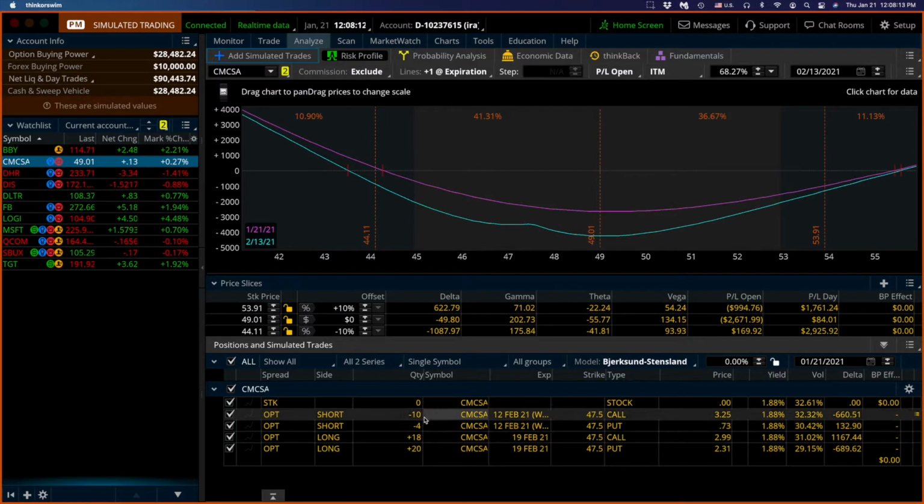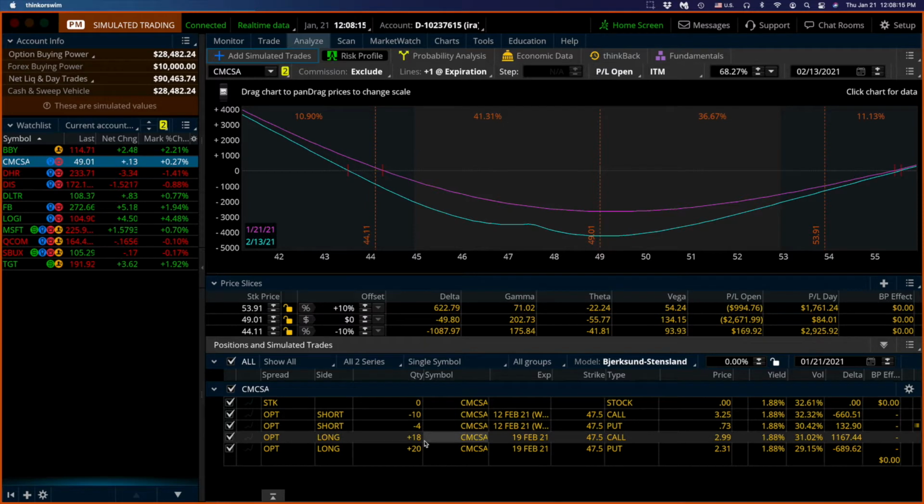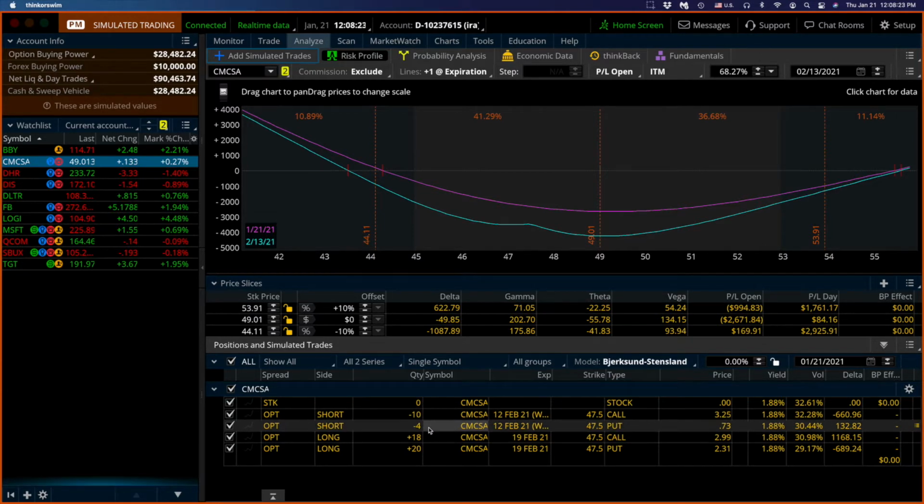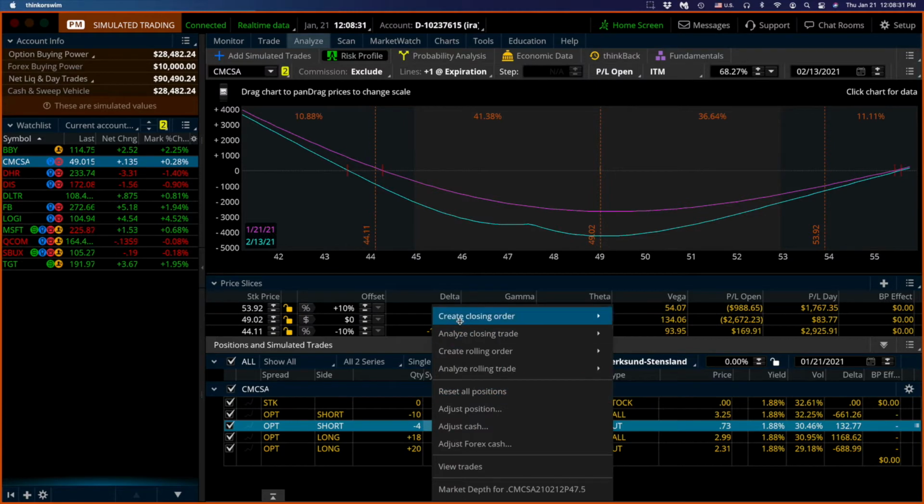So that would be 10, 10, 20, 20. The difference between calls long and short is 8, but for the puts, the difference is 16. So there's plenty of room there for us to sell puts if we want to do that.